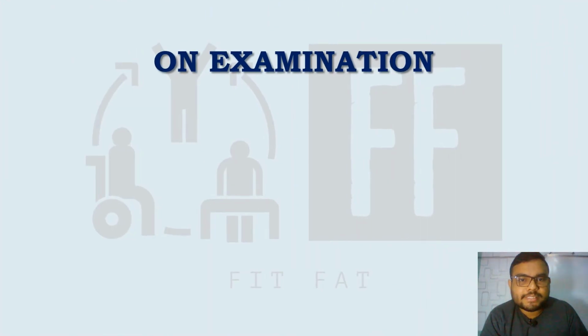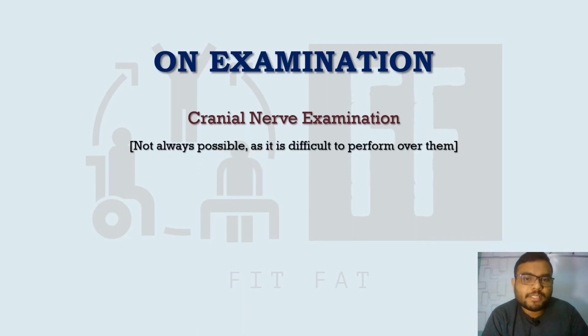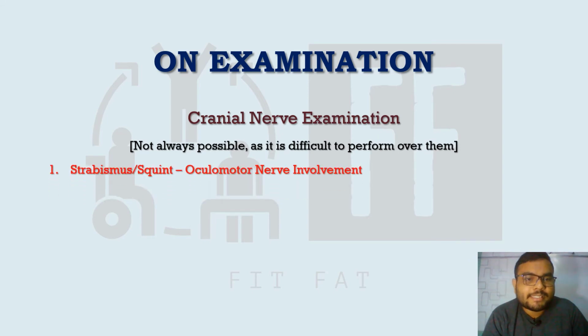The next thing you need to examine is the cranial nerve, right? Now, it is not always possible because depending on the child's age, both chronological and mental age, it is difficult to perform over them. And if you can perform the cranial nerve examination properly, you might find out there is strabismus or squint if the oculomotor nerve is involved.